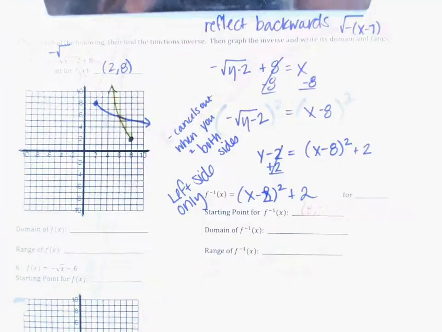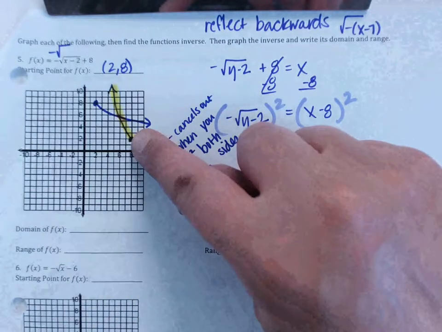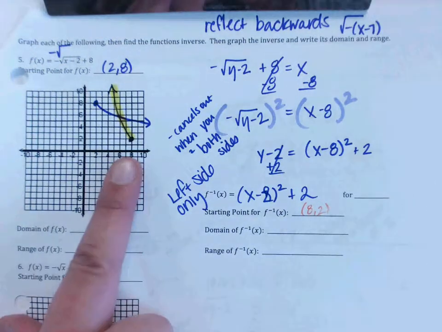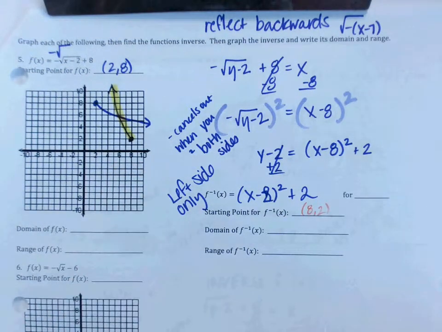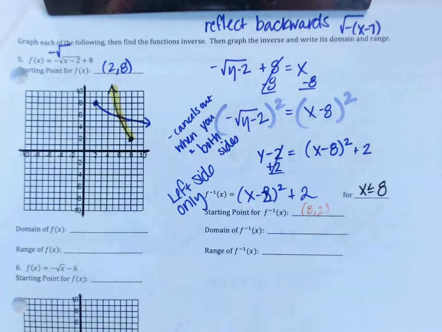Does it make sense that I would be doing an x less than? Yes, because which way is my arrow going? To the left. Where is it going to the left from? What x value? 8. So x less than or equal to 8. And that corresponds to the fact that I only drew the left side, which goes with a negative square root. Okay?